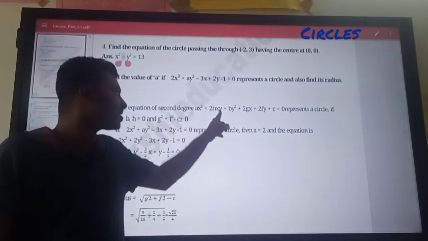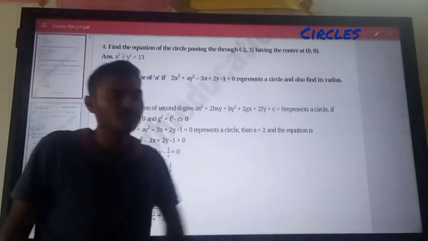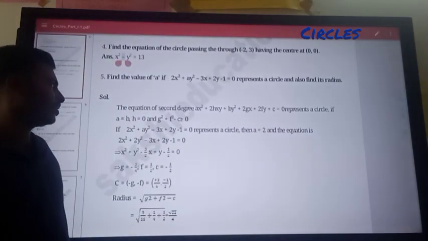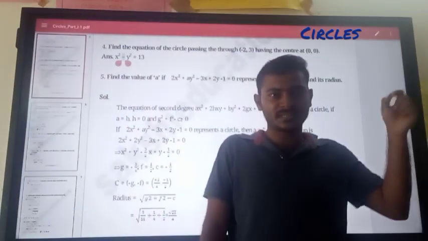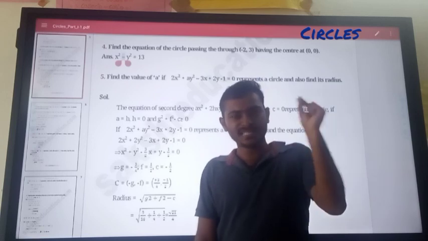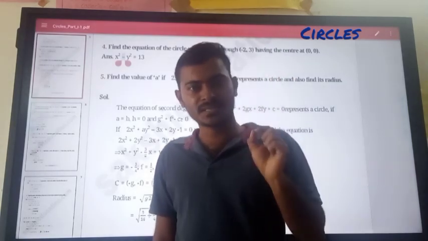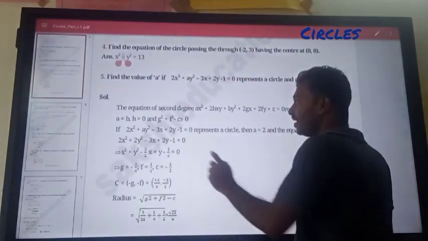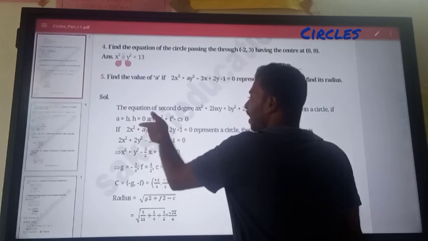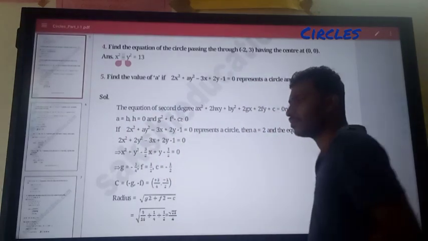ax² plus 2hxy plus by² plus 2gx plus 2fy plus c equal to 0 represents a circle. In the previous classes' videos we already discussed that when a second degree equation represents a circle, it must satisfy some properties, that is a equal to b and h equal to 0 and g² plus f² minus c greater than or equal to 0.